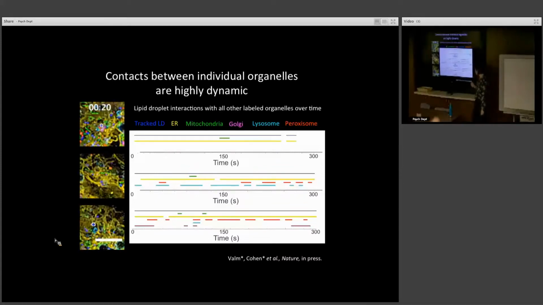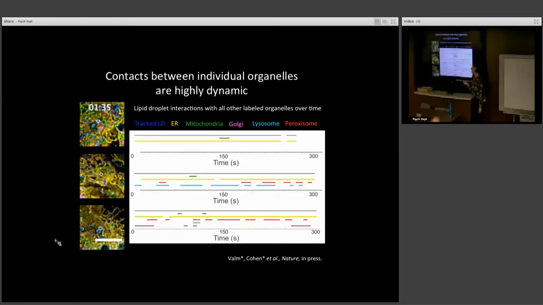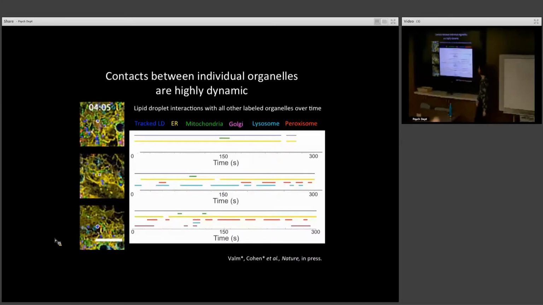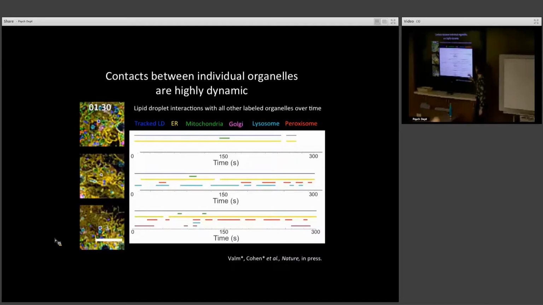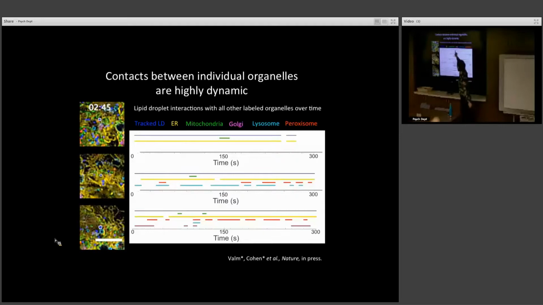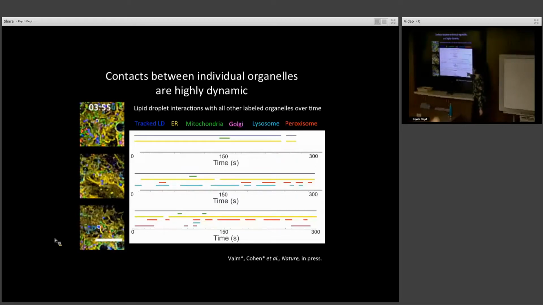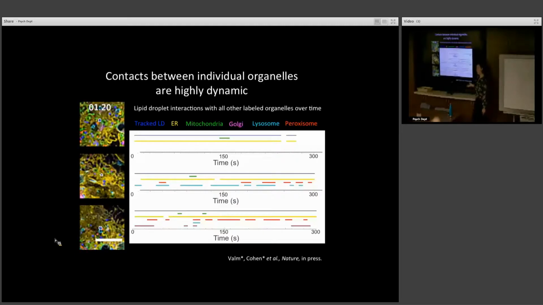So most of these lipid droplets are spending a lot of time close to the ER, which is a major site of lipid synthesis. But other than that, they're doing all different kinds of things. So this one up here just makes a brief contact with the mitochondrion, while this lipid droplet down here is touching every other labeled organelle over the course of the 5 minutes.